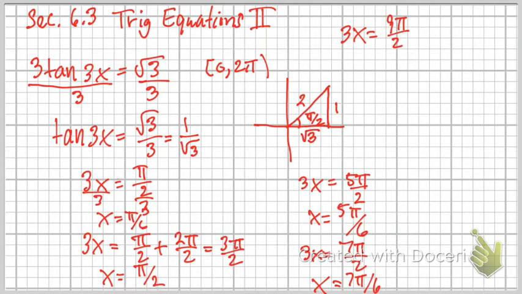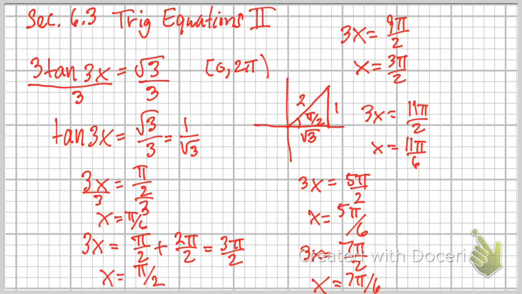And when I divide that by 3, my x is going to equal 3 pi halves. And then the next one is 3x equals 11 pi halves. And then when I divide that, that's going to be x equals 11 pi sixths.